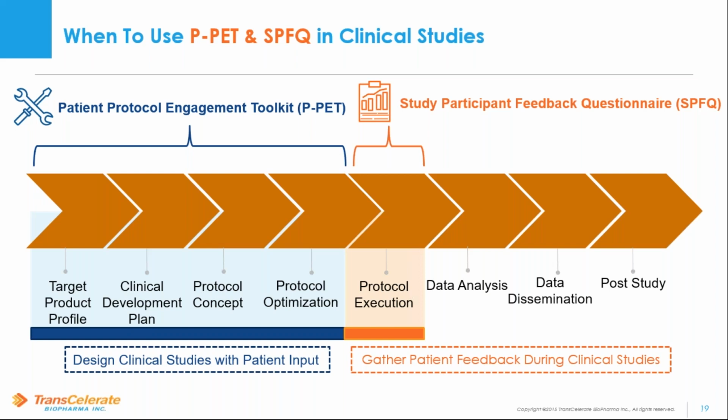Then the study participant feedback questionnaire is used to gather feedback during the clinical trial or during the protocol execution. So just a different way of looking at that across our study development milestones.